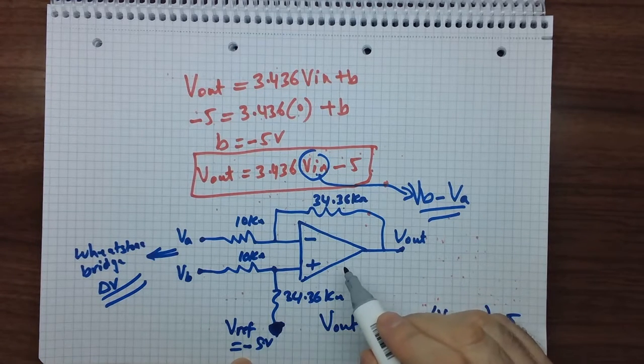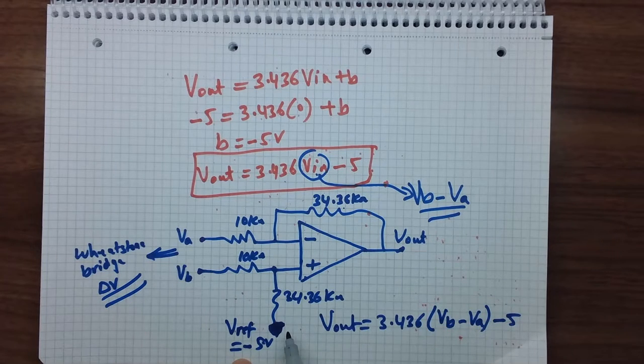This is very important. In a differential amplifier, when this is connected to ground, the output is equal to the input times the gain. But when we have a V reference here, the output is equal to the input times the gain plus this V reference. In this case, V reference is negative, which is minus 5. So this is how we can deal with the differential amplifier.